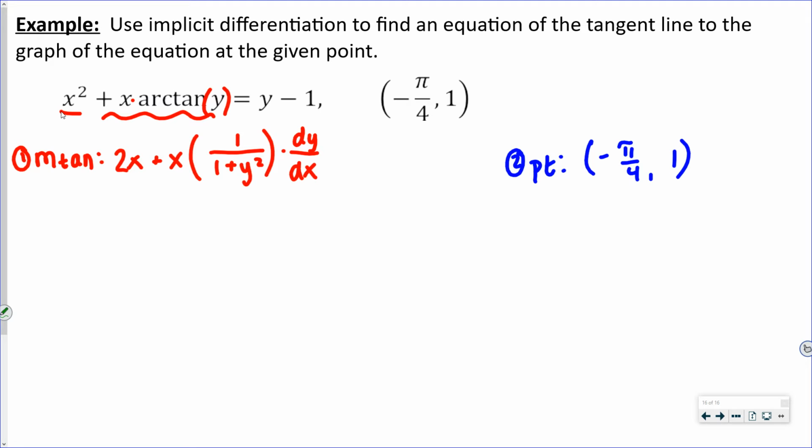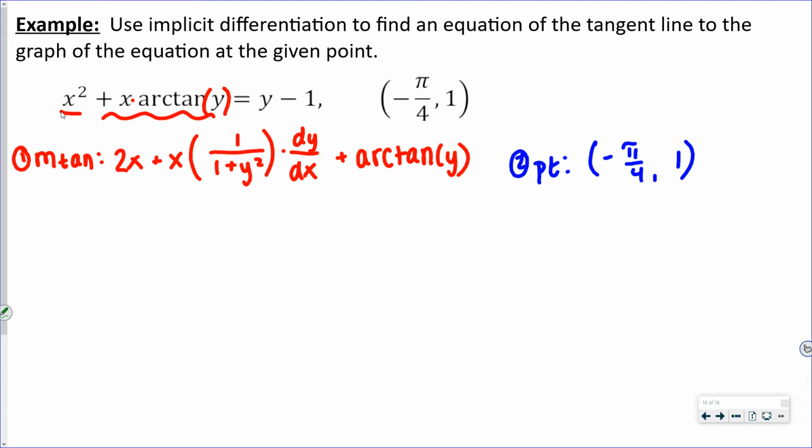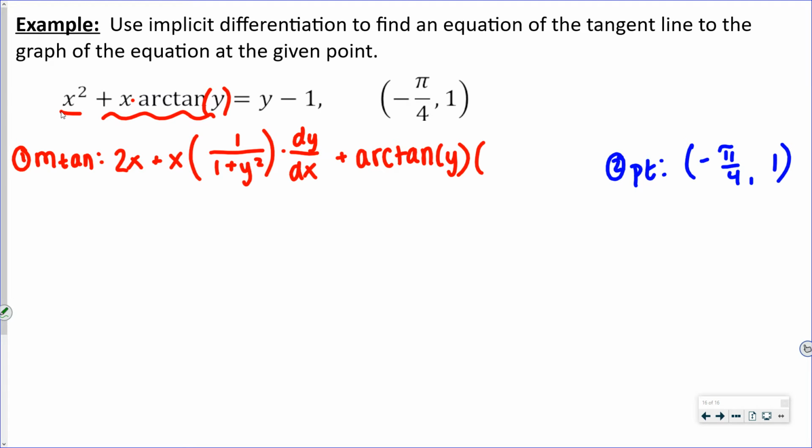Plus second factor times the derivative of my first factor, the derivative of x is 1, equals, I have a y on this side, so the derivative of y is dy dx, minus 1 would just be 0.